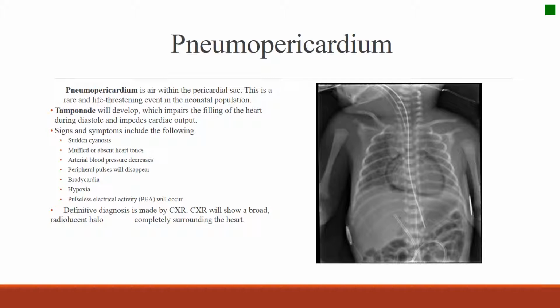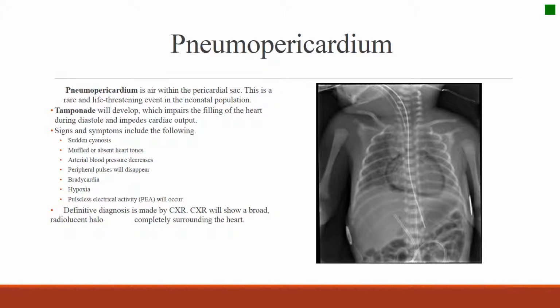Pneumopericardium. This is air within the pericardial sac. This is a rare and life-threatening event in the neonatal population. Tamponade will develop, which impairs the filling of the heart during diastole and impedes cardiac output. Signs, again, will be the simple signs of respiratory distress, as well as muffled or absent heart tones.